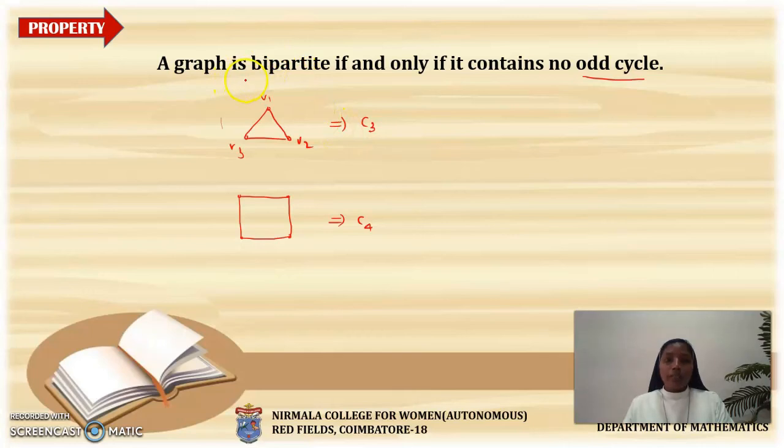So, according to the property, when I say a graph is bipartite if and only if it contains no odd cycle, to be a bipartite graph, the graph must not have any odd cycle.